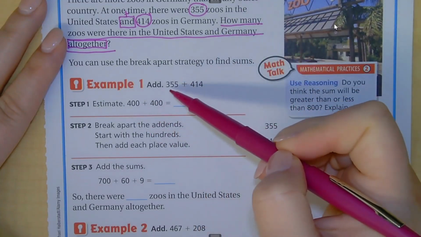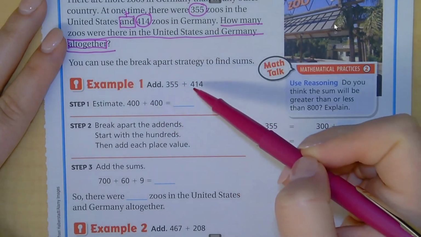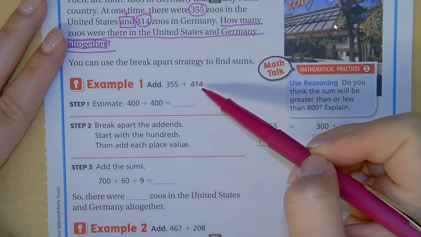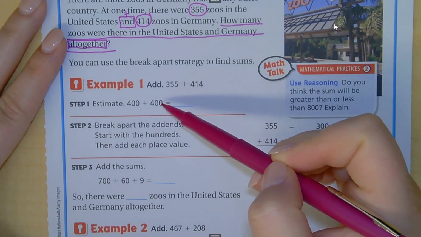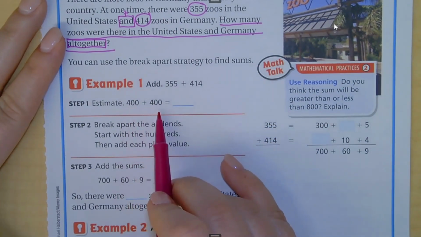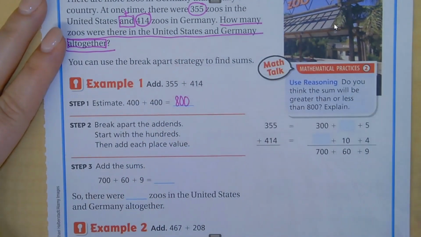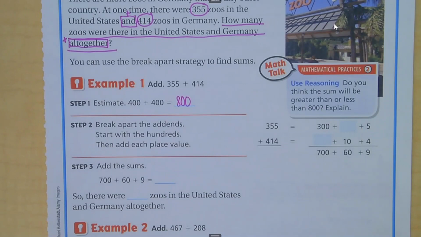So 355 rounded to the nearest 100 is 400. 414 rounded to the nearest 100 is 400. So we know that 400 plus 400 is 800. That means our estimate is that our answer is going to be about 800. We always estimate first before we solve the problem for our real answer.